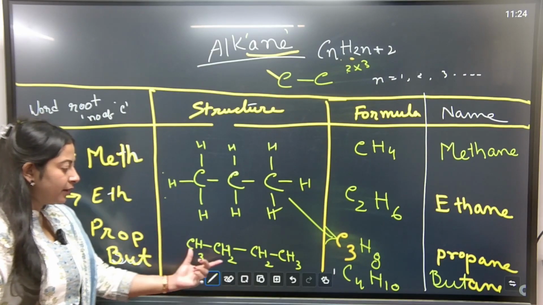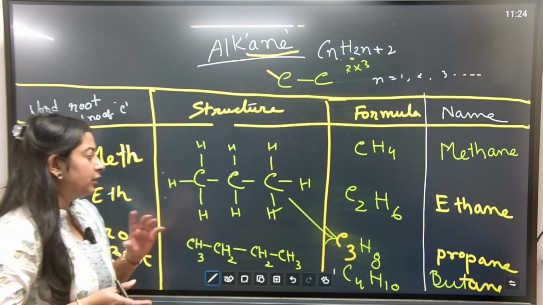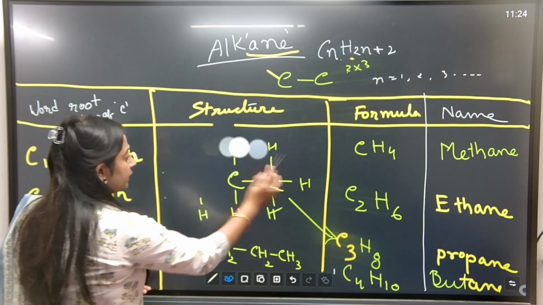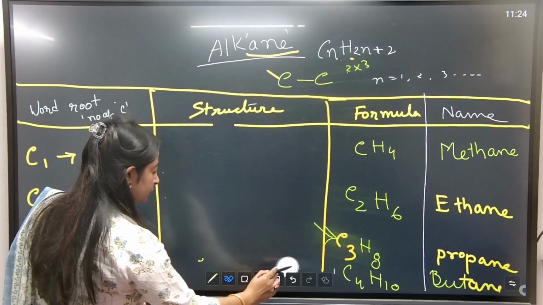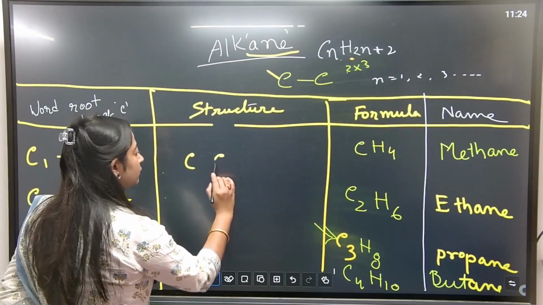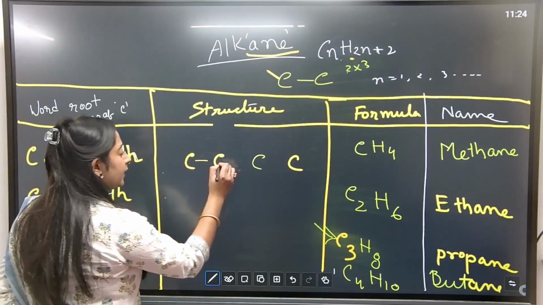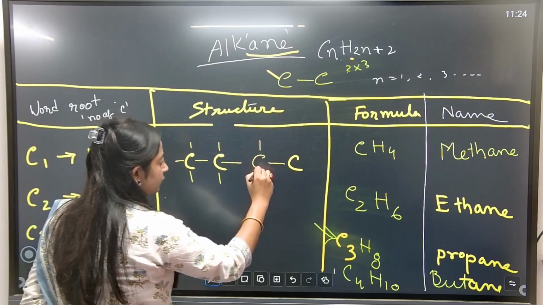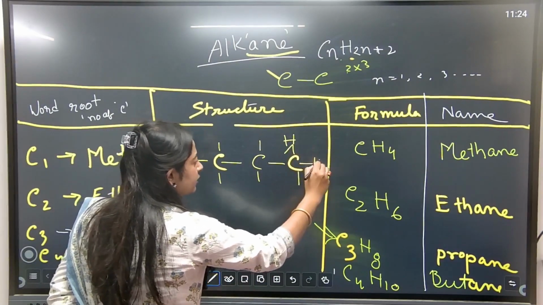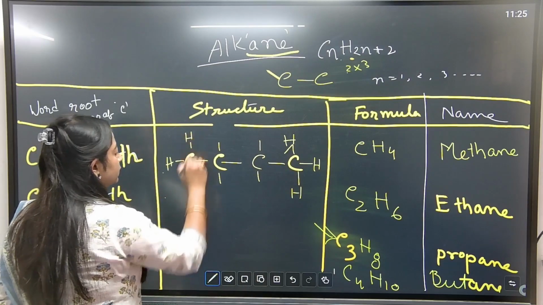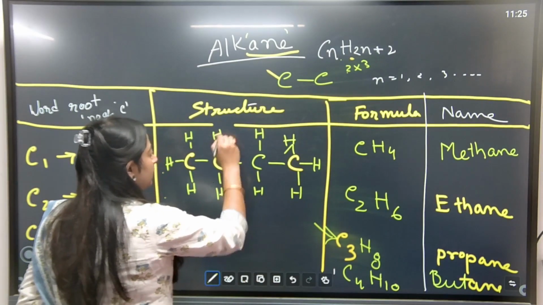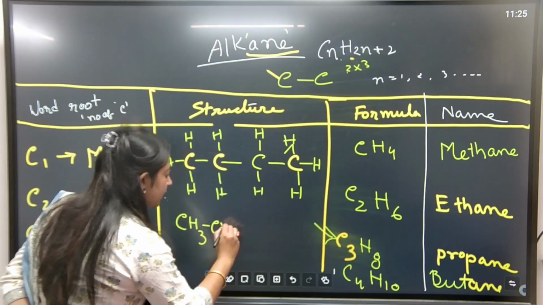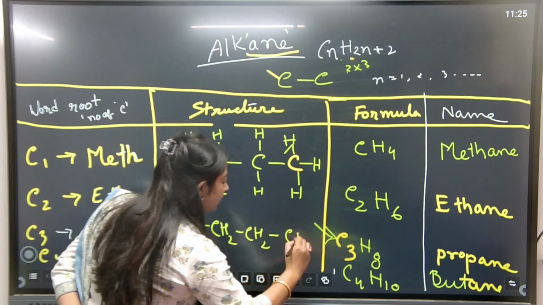So you can also write this by opening the bond, you can write in this format as well. First of all you have to learn how to draw the structure, then we can condense it a little. Let me tell you again. So you have butane, so you have 4 carbon 1 2 3 4. So you first connect them with at least one single bond. So for this carbon one valency is satisfied, there are 3 remaining valency, for this 2, for this 2 and for terminal 3. You can understand that, terminal needs 3 because the chain ends here. How can we write this? We can write it as CH3, then bond, this is CH2, this is CH2, then bond CH2, then ending with CH3.